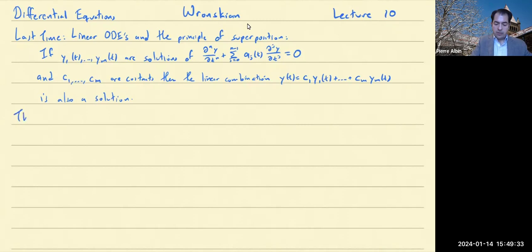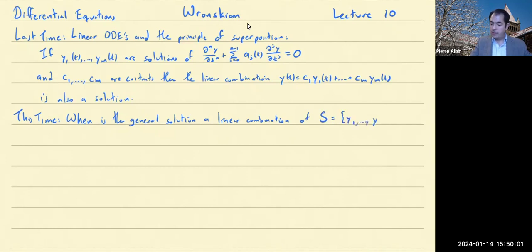Okay, this time we want to know when the general solution of this equation is a linear combination of the set y1 through ym of solutions.